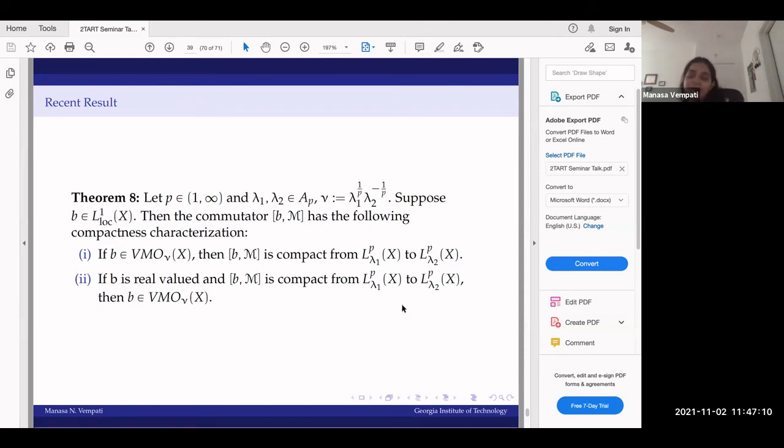For boundedness, we showed that if we want our commutator to be bounded, our function should be in the weighted BMO space. And in this theorem, we showed that if we want the commutator with respect to the Hardy-Littlewood maximal function to be compact, we want the function b to be in the VMO space.